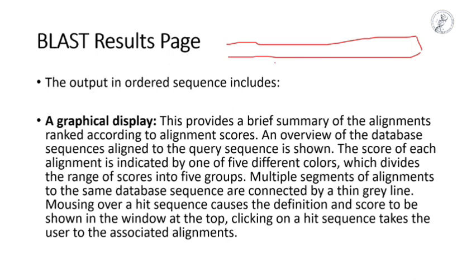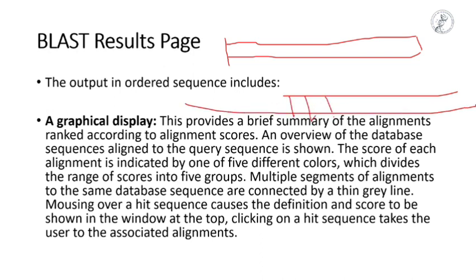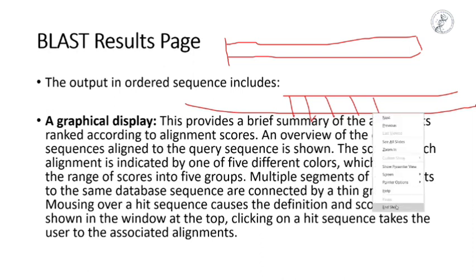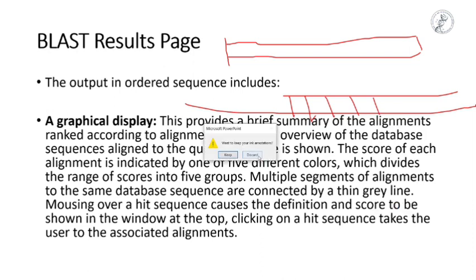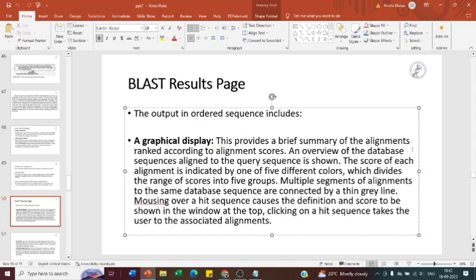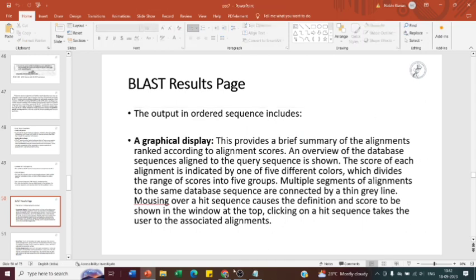If the query is aligned with only 50% of the database sequence, the coverage becomes 50%. Here the query is aligned with the database sequence 100%, so we got the query coverage 100%.